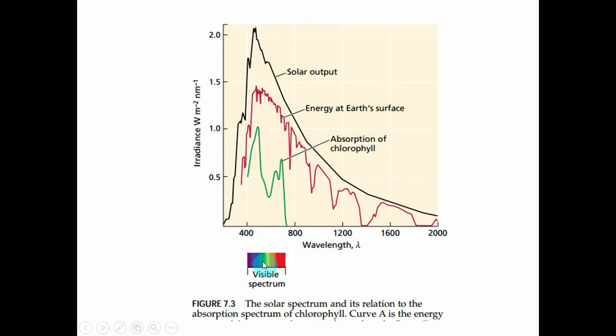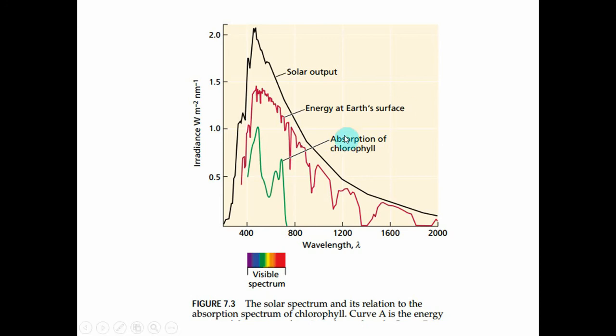The reason why the plant is green is because at that wavelength, it reflects back. So we see green because it doesn't absorb the green light, it reflects the green light, it absorbs the purple and blues and the yellows and the orange and the reds. Reflects the green, absorbs the others on the other side of it.